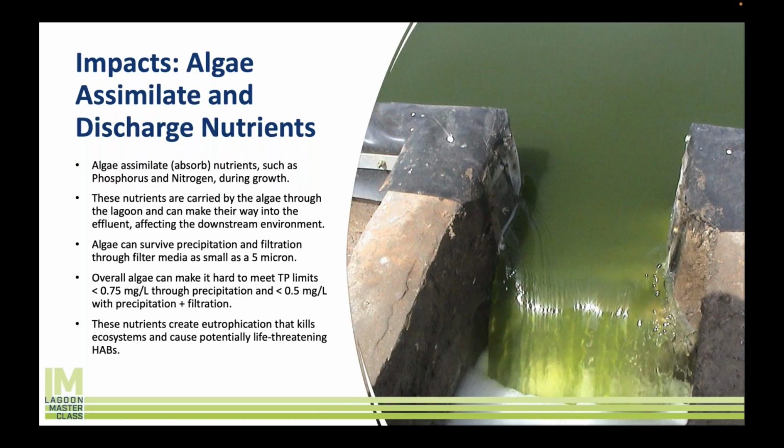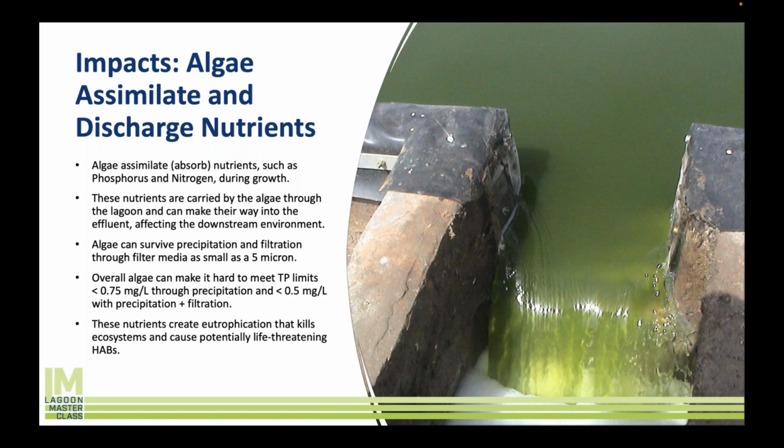So they can cause what we call harmful algal blooms, because as they assimilate those nutrients, they flow downstream, you get a nutrient concentration, let's say in a drinking water reservoir or in a lake or a bay, and that can cause major health problems. Like people who swim in that water can get sick, they can possibly die, it can cause drinking water issues, etc. So that's not a good thing.